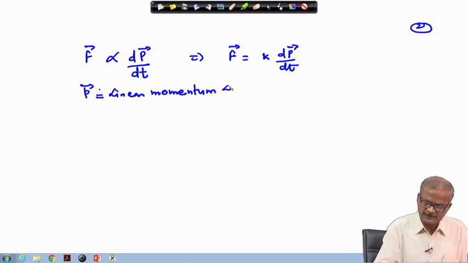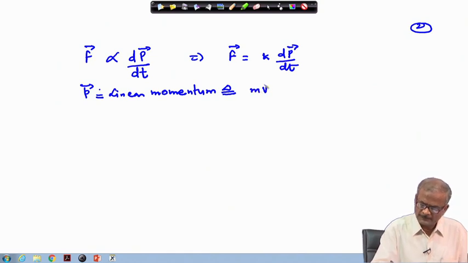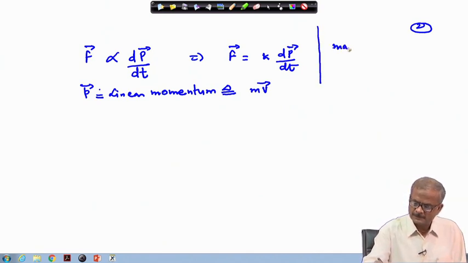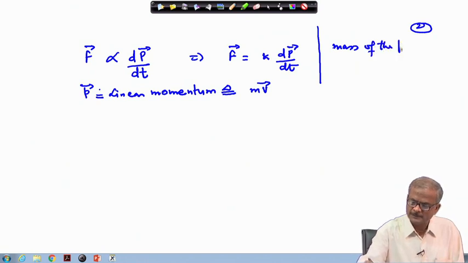By definition, this is m times v, where m is the mass of the body. So, here the assumption is that the mass of the particle is constant.